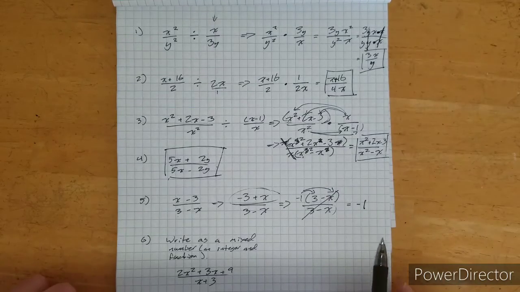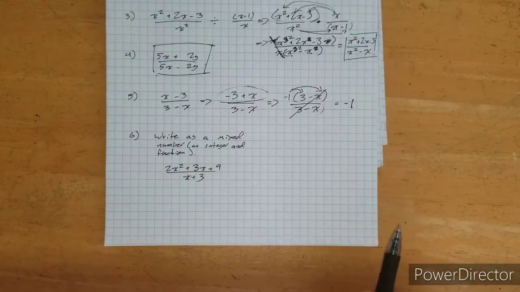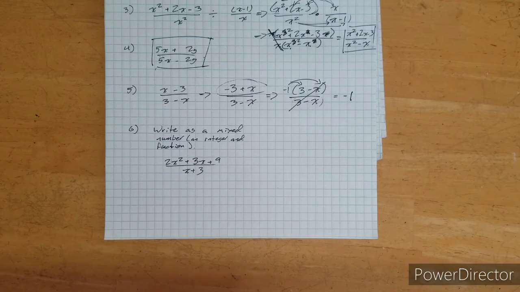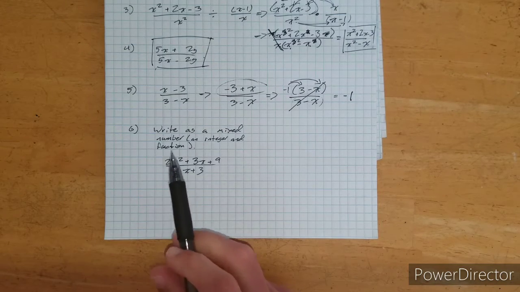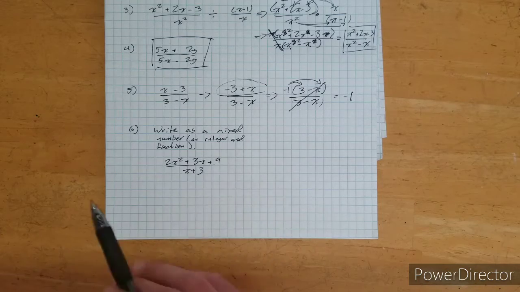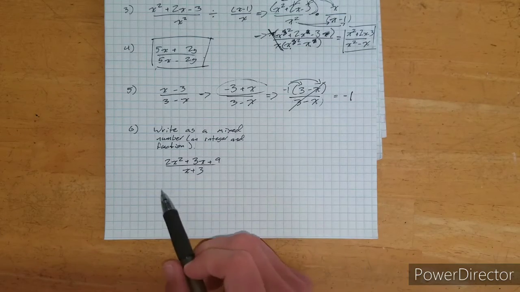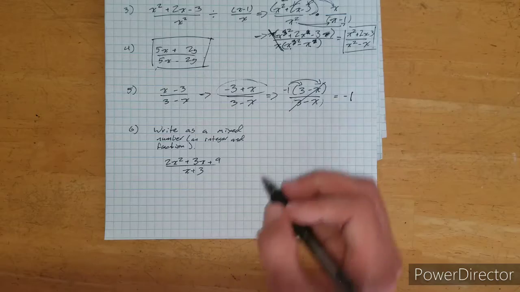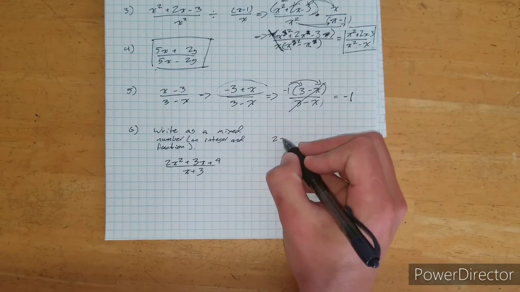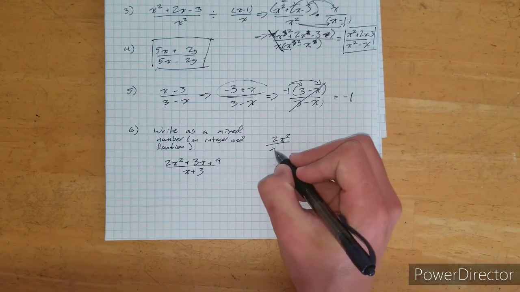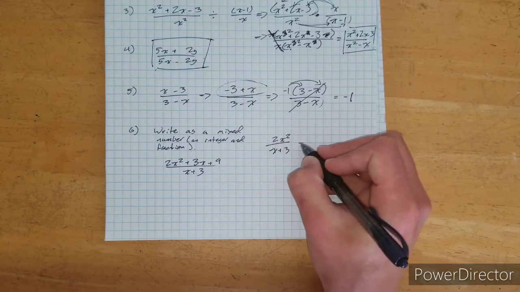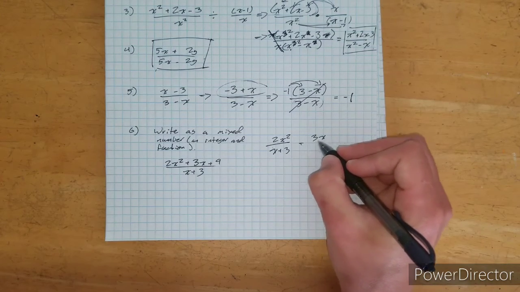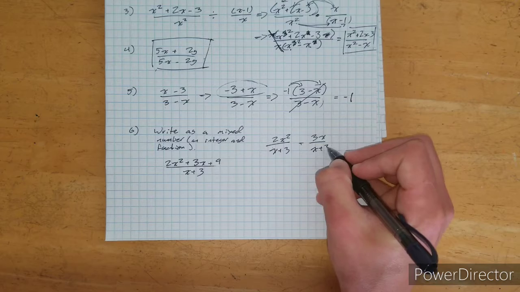Now this one is probably the one we've had the most trouble with. And it's kind of complicated, but we're asked to rewrite this basically as 2 different fractions. Really, we can write it as 3 fractions. The way we add fractions is we need a common denominator.